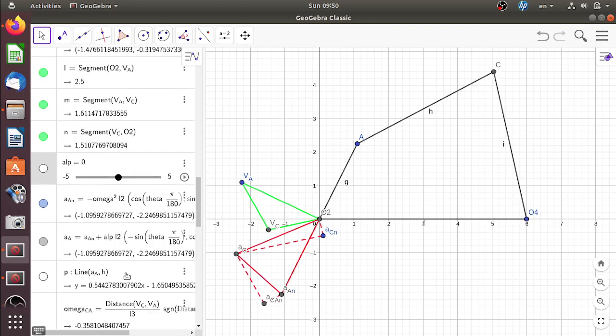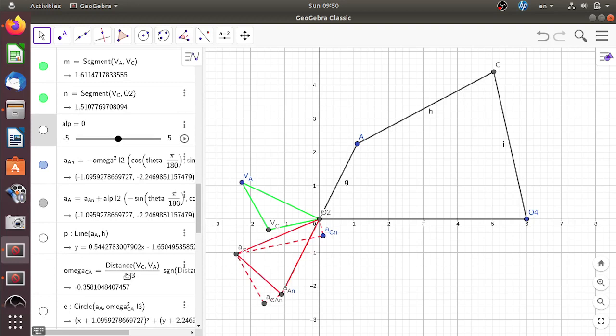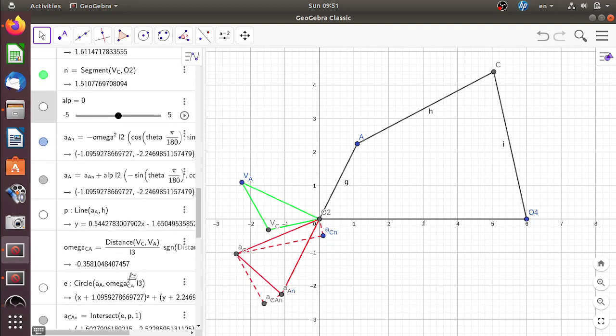To calculate the acceleration of point C, I know the normal component when I observe point C from point A. The magnitude of the normal component is omega 3, the omega of this link, into link 3. But I do not know omega 3, I only know omega 2.